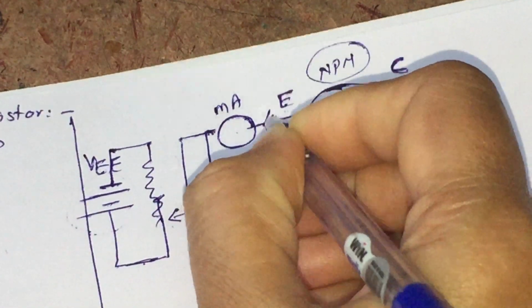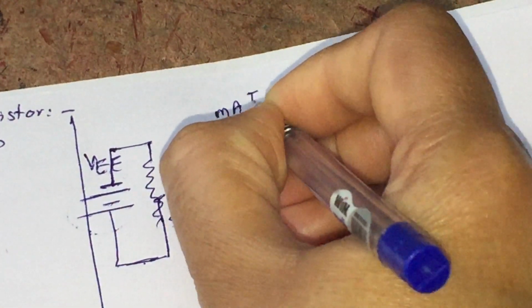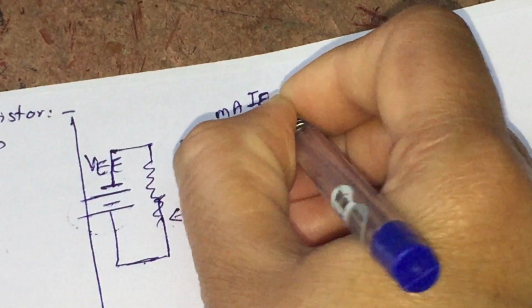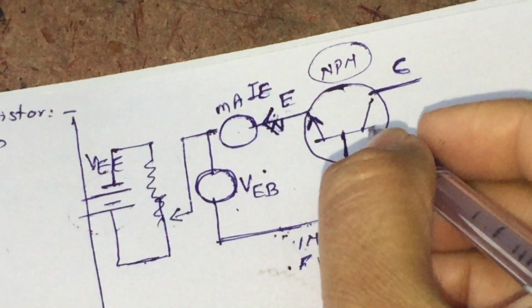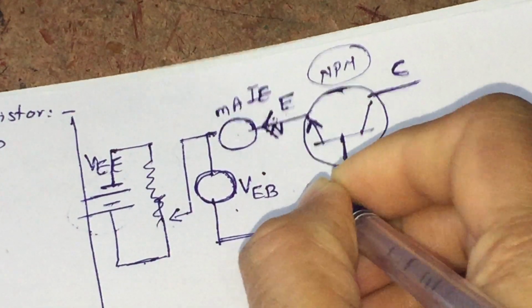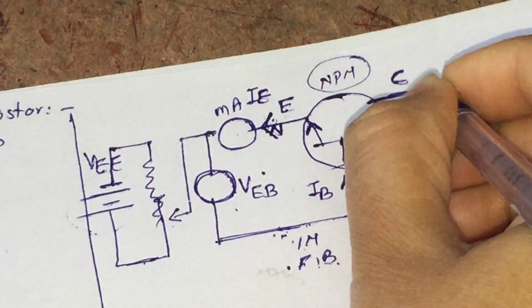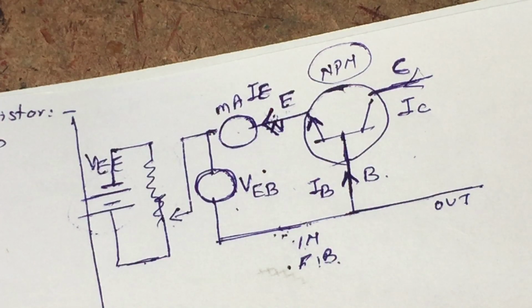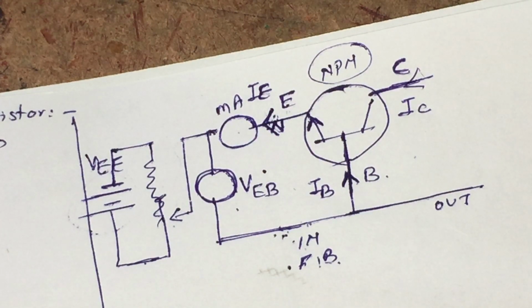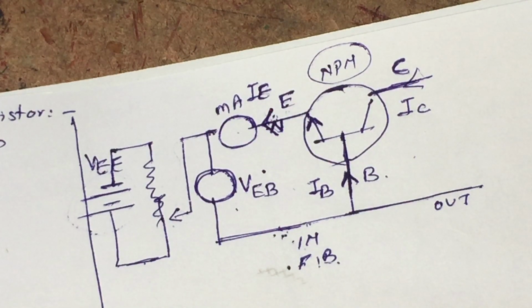It means the emitter current is moving outwards from the transistor. This is the direction of emitter current. If emitter current is moving away from the transistor, then the base current as well as the collector current will move towards the transistor. According to Kirchhoff's junction rule, the total current at the junction should be equal to 0.